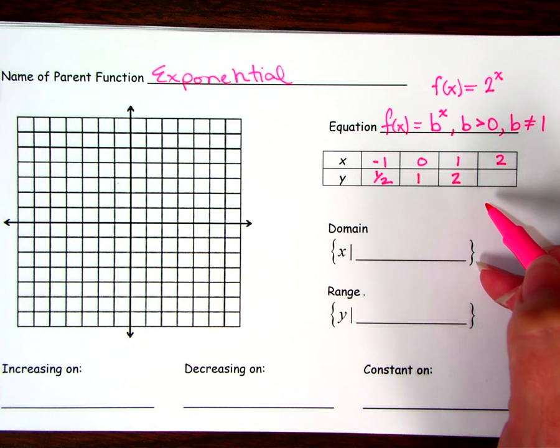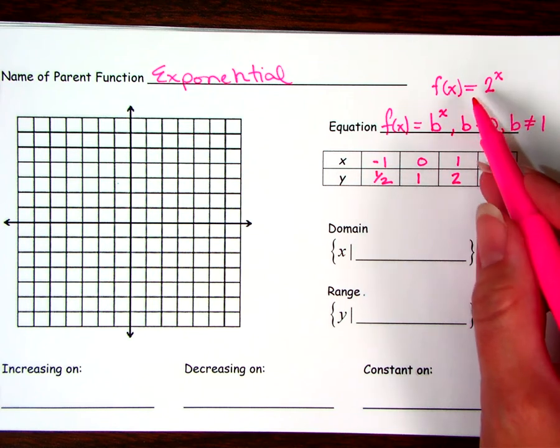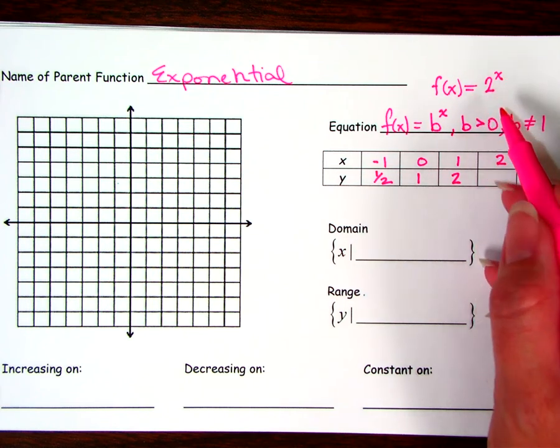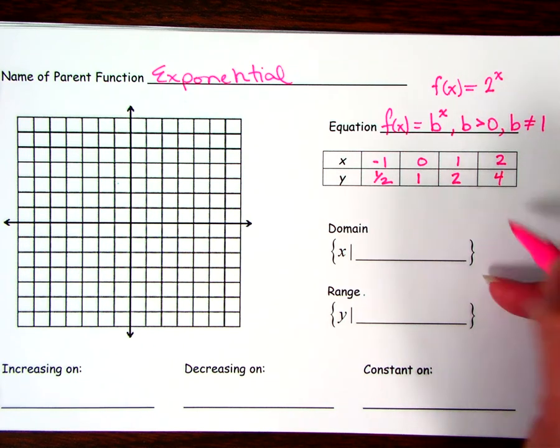Anything to the power 1 is just itself. If I put in 2 in place of x, y equals 2 to the power 2. 2 to the second power means 2 times itself, 2 times 2, so that would be 4.